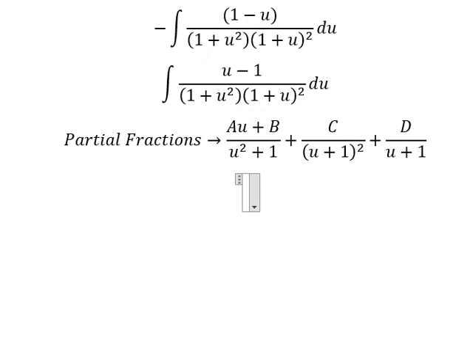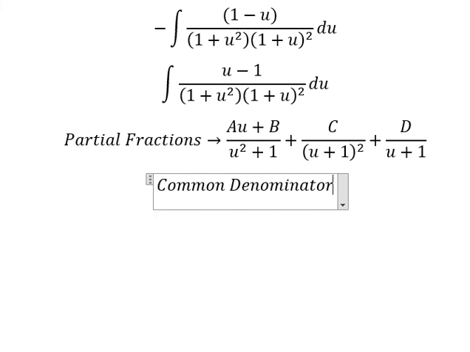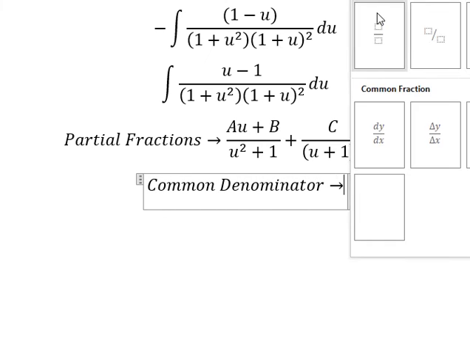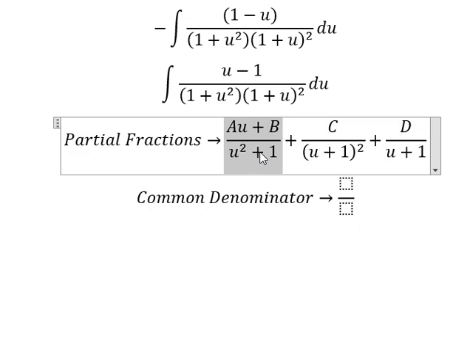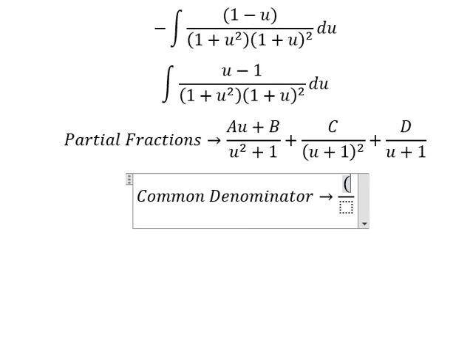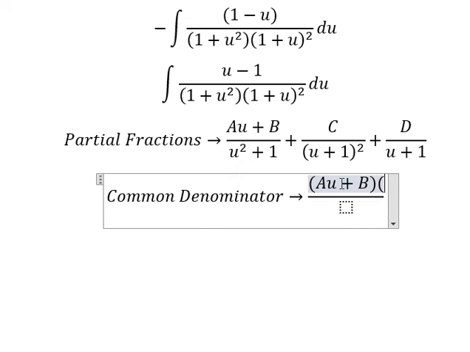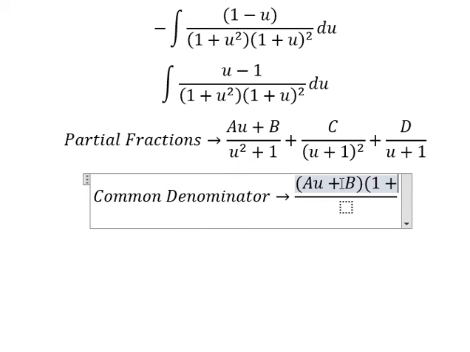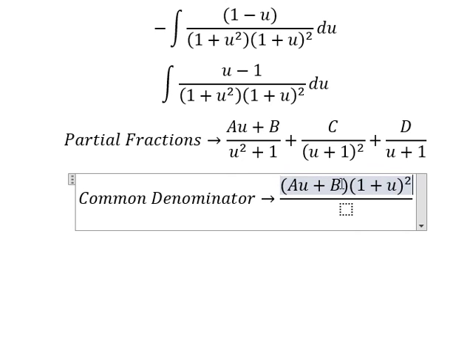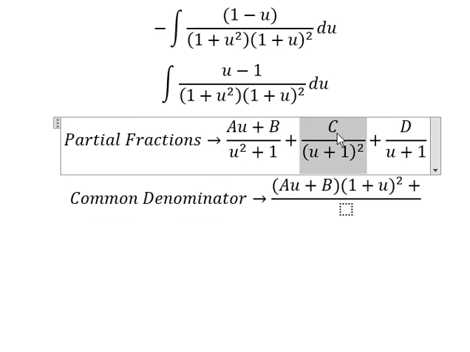Now we do the common denominator. This one is missing 1 plus u to the power of 2. This one is missing u squared plus 1.